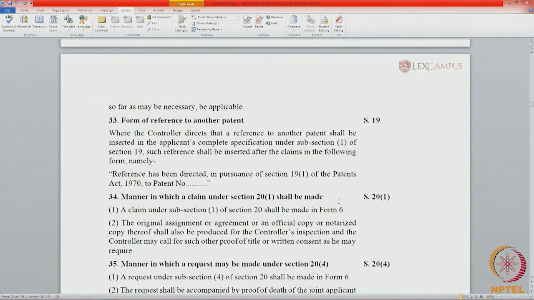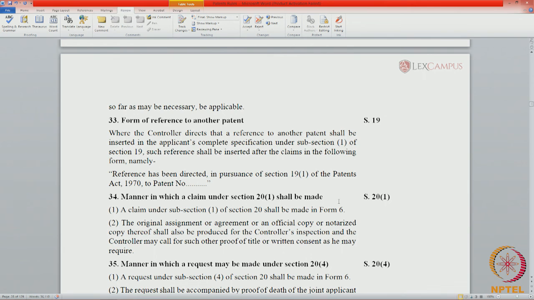Reference to another specification, we saw, will be done by referring to the specification number, by which we mean that it could be an application number. Rule 31 applies where the cross reference is to a pending application. Rule 33 applies when the cross reference is to a granted patent.